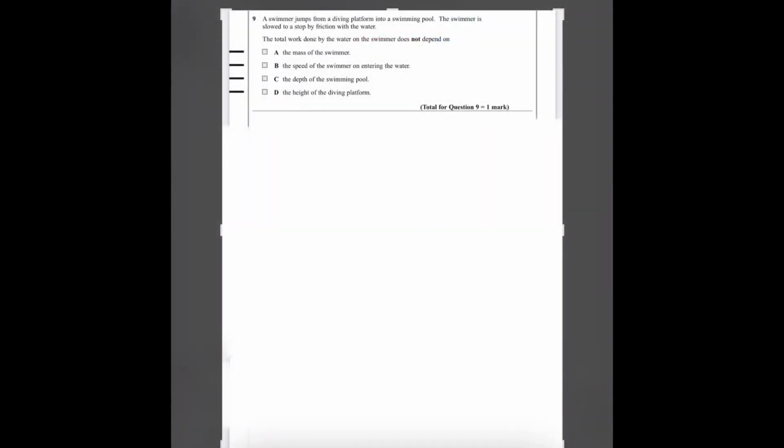Number 9. A swimmer jumps from a diving platform into a swimming pool. The swimmer is slowed to a stop by friction with the water. The total work done by the water on the swimmer does not depend on... So basically, for example, this is a pool, right?